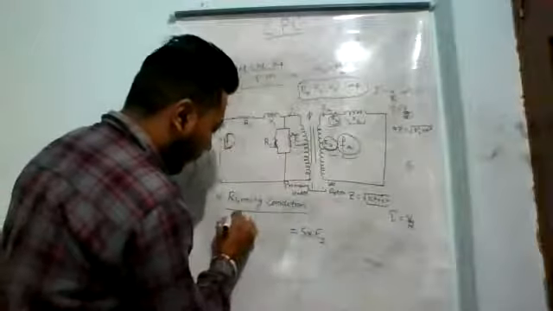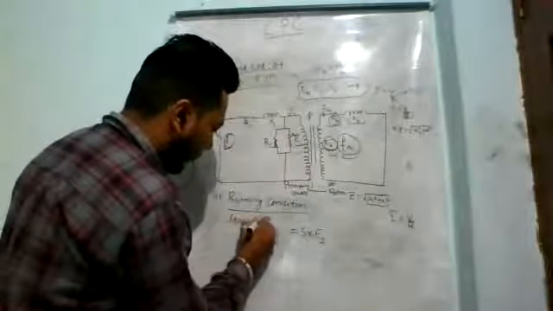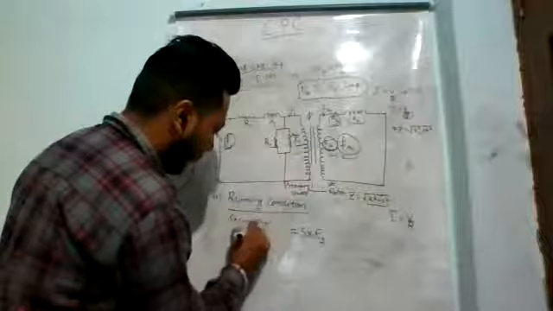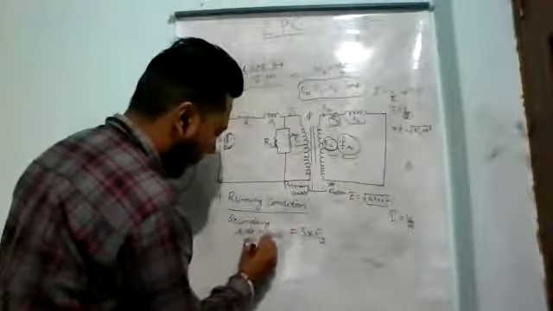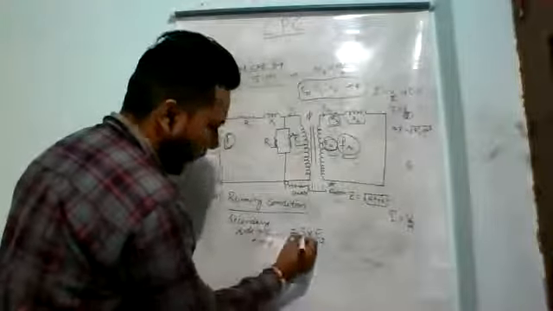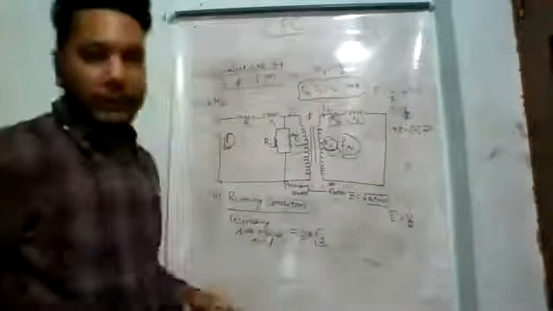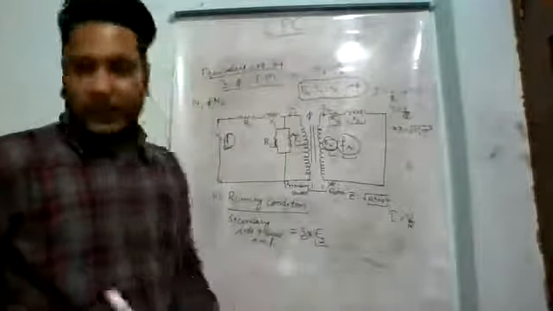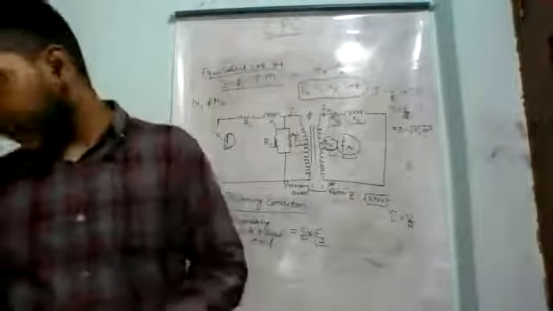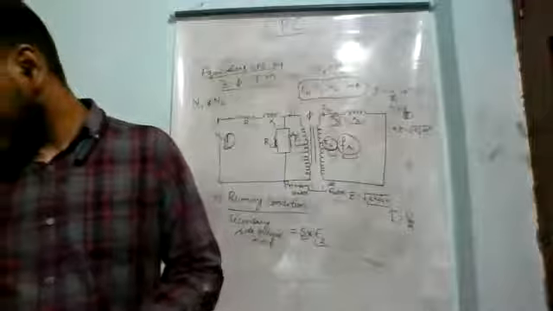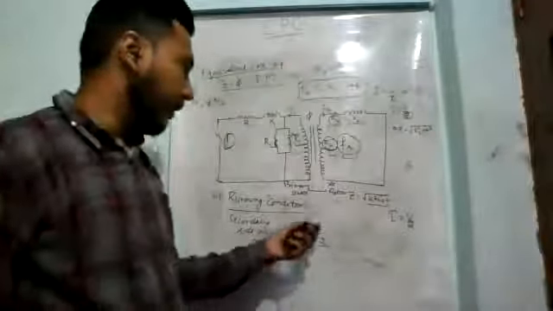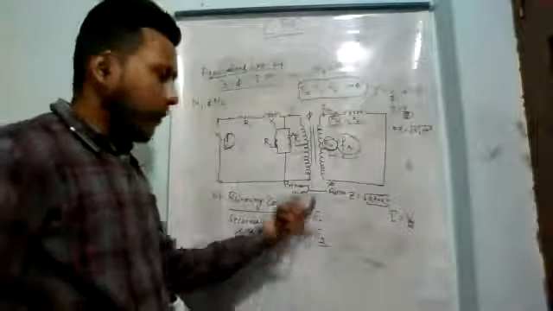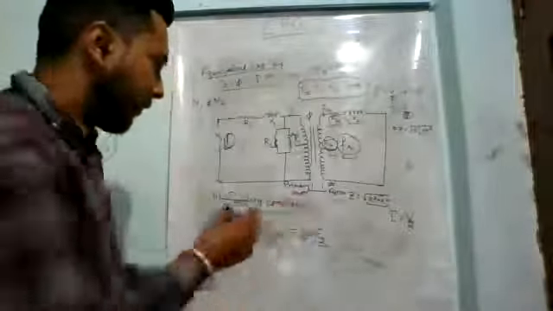Therefore, the value of secondary side induced EMF is given by S into E2. Here, S is slip. Slip is nothing but the difference of synchronous speed minus rotor speed.